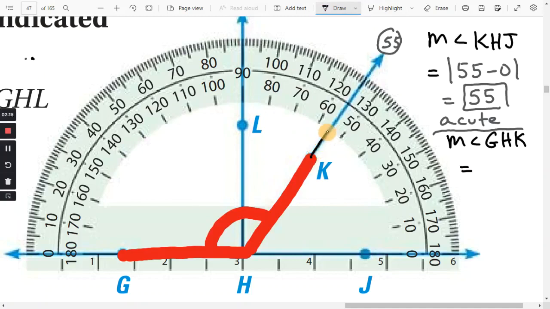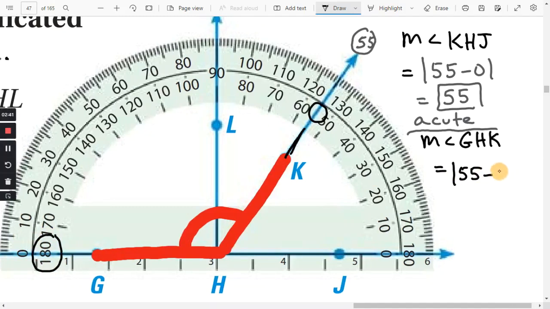If we start at K right here, it's in between 60 and 50, so that's just 55. And then since we chose the bottom one here, on the other side, we need to choose the bottom one again. So that's 180. You can choose the ones on the bottom or the top, but you have to stick with the same one on both choices.